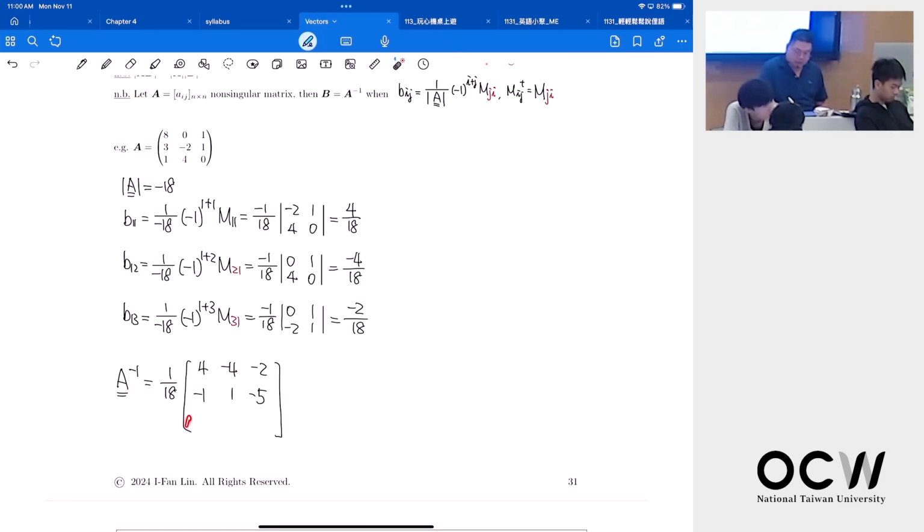How about the third row? I want to find this element. That means I'll jump to here. 1, 3. Cross out. So 12 minus minus 2, 14. So here should be 14.